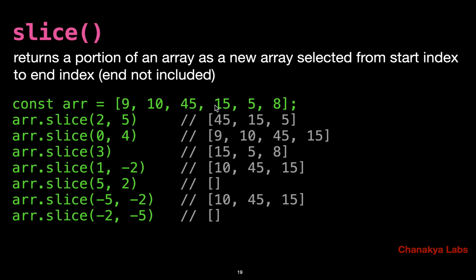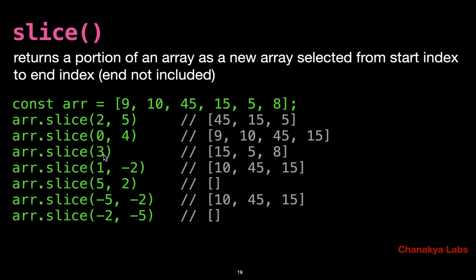So 2 3 4 till here only. That's why the answer is 45 15 5. Similarly 0 to 4 means basically 0 to 3 will be returned: 0 1 2 3, 9 10 45 15.